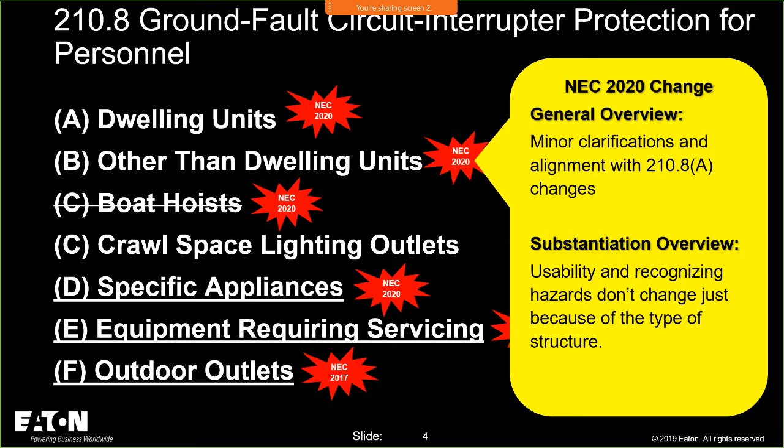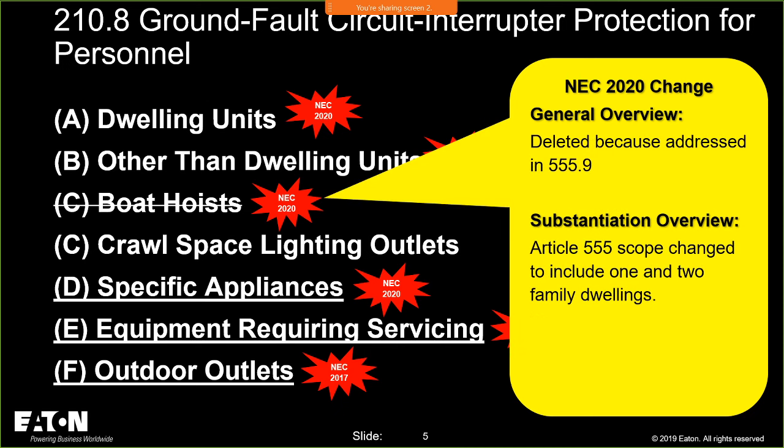I got this crawl space over here in a dwelling unit, and that electron knows that that crawl space is over in a commercial building, and it's not going to be a hazard over there. That just doesn't make sense. So we did some things in 210.8(B) and 210.8(A), where if we have a hazard in a dwelling unit, and there's the same situation in other than a dwelling unit, we need to make sure they're aligned with each other. We did some of that in this cycle, we did some of that last cycle, and I'm noticing we're probably going to do that in the 2023 cycle.